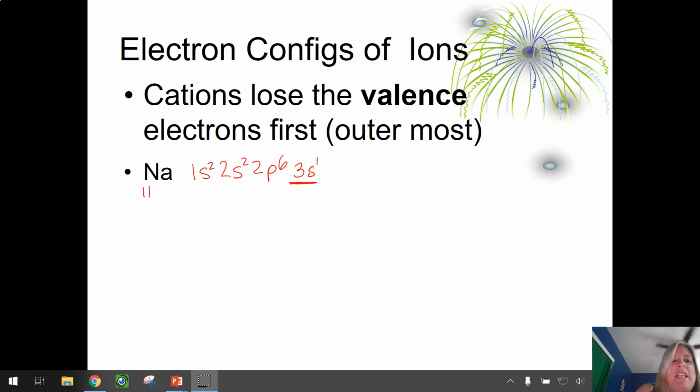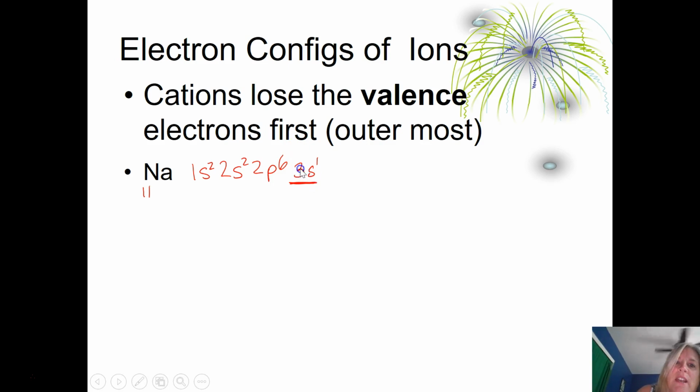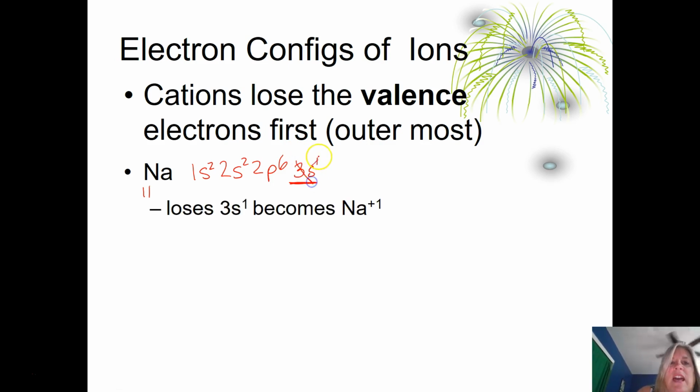So for our sodium +1 ion, we just get rid of this guy here, and we become 1s2, 2s2, 2p6. So that is my sodium +1. If I'm +1, that means I lost 1. So just get rid of those valence electrons.